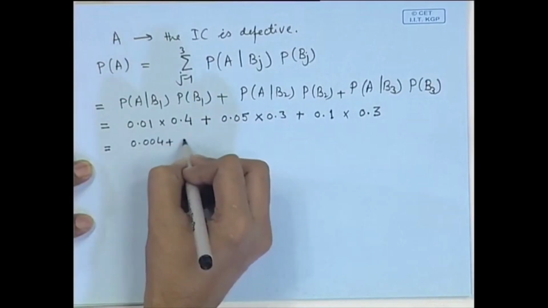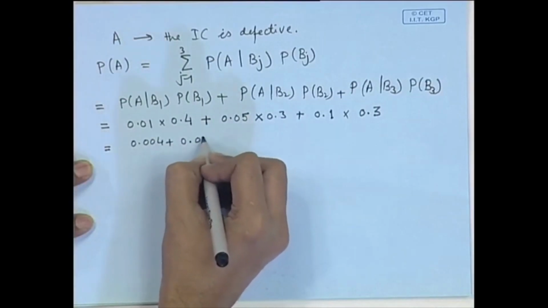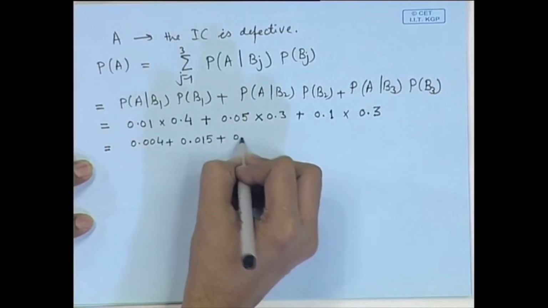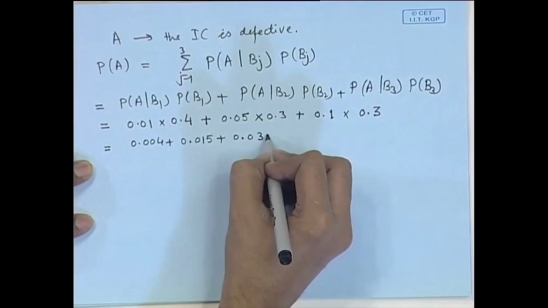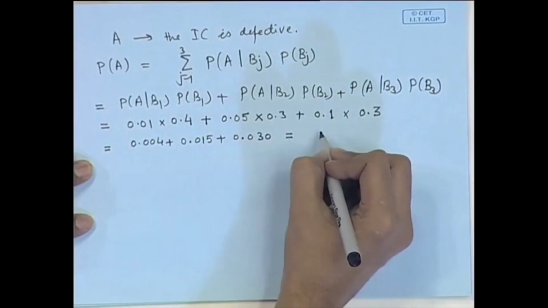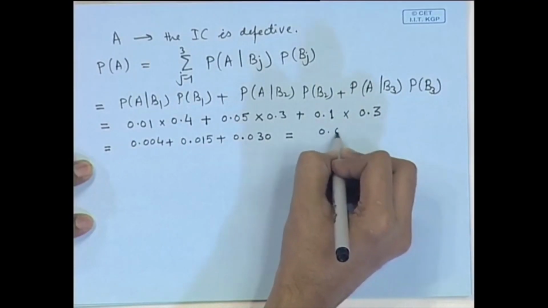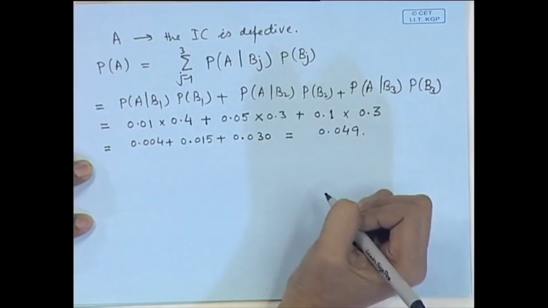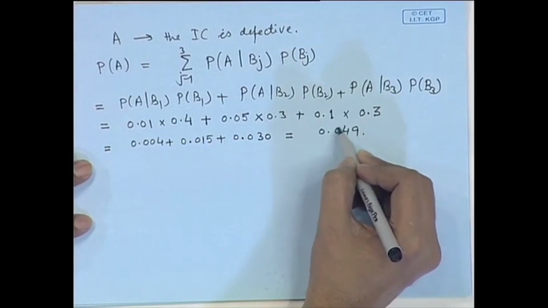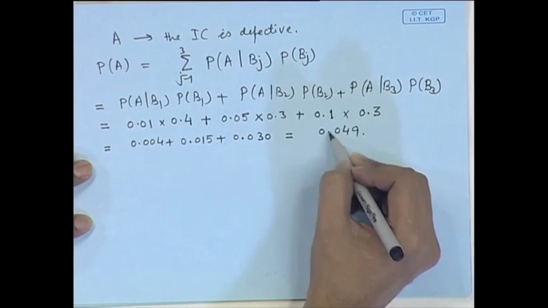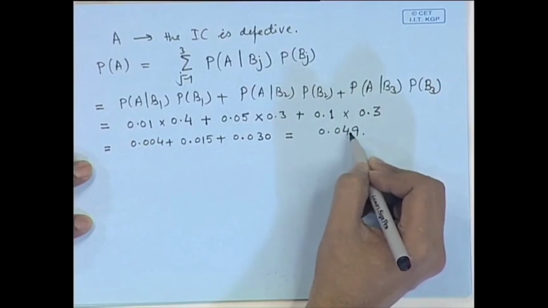So, eventually this turns out to be 0.004 plus 0.015 plus 0.03, which is equal to approximately 0.05. So the eventual probability of the IC to be defective is approximately 0.05.